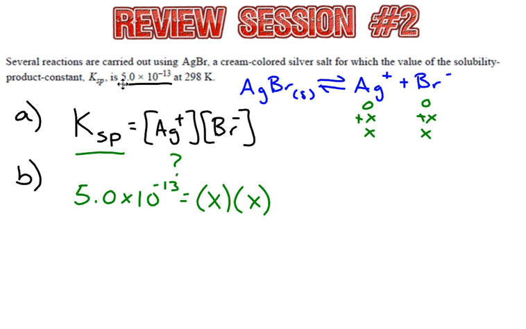So this is truly x squared, so you take the square root of your Ksp, and you should have x, which equals both. But it's asking just for the concentration of Ag+. It says in 50 mL. Doesn't matter. We're already in concentration. It's not asking the amount of moles. Moles are different; then there's an actual amount.